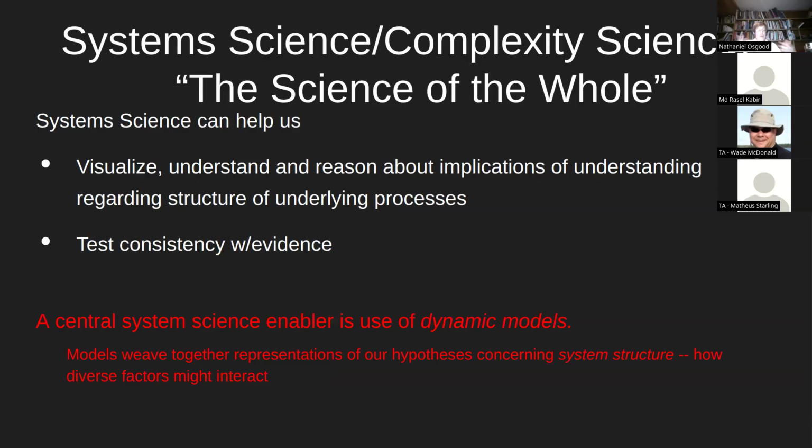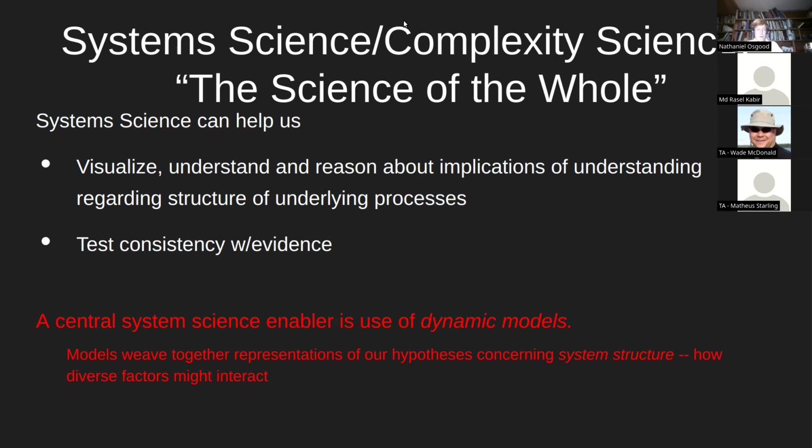Why? Because they weave together representations of our hypothesis about what's going on in the world so that we can test it, challenge it, critique it, share it, and refine it, so we can improve it collectively.